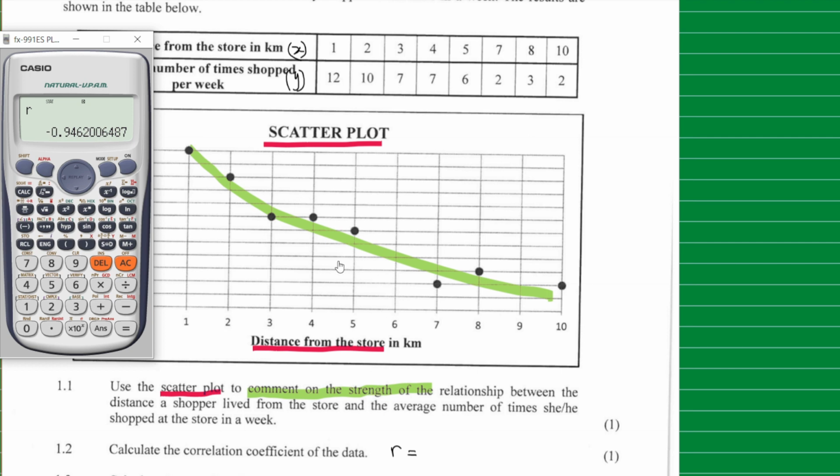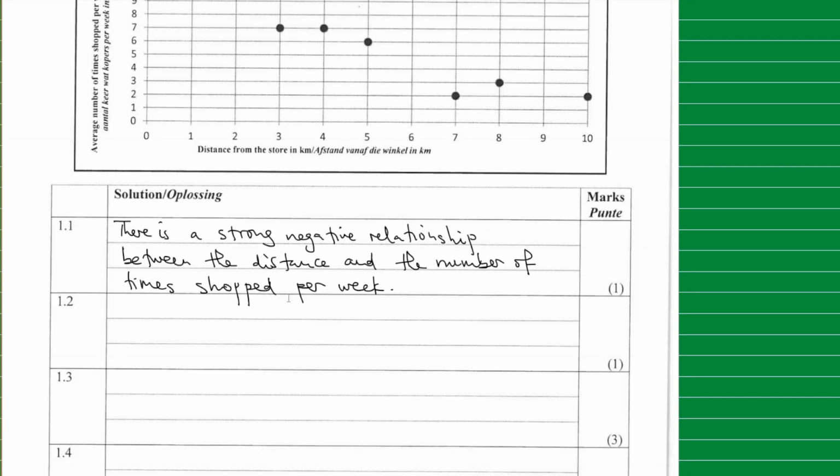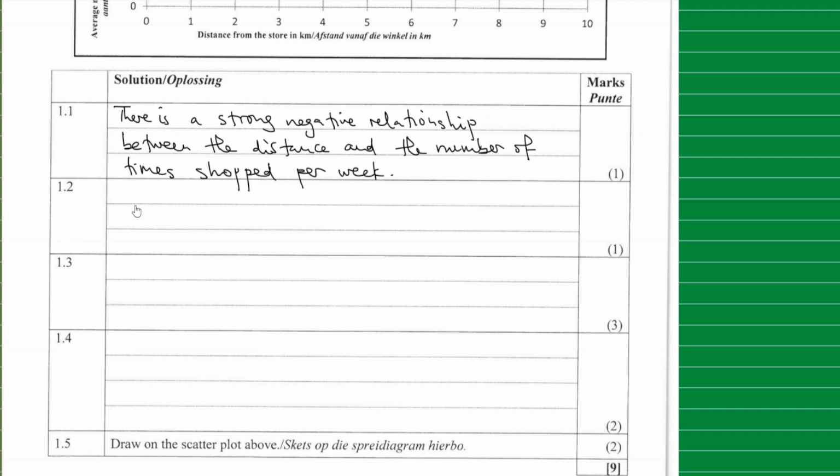Okay, so you just have to write that value down over here. So let's write it down. R is equal to negative 0.946.